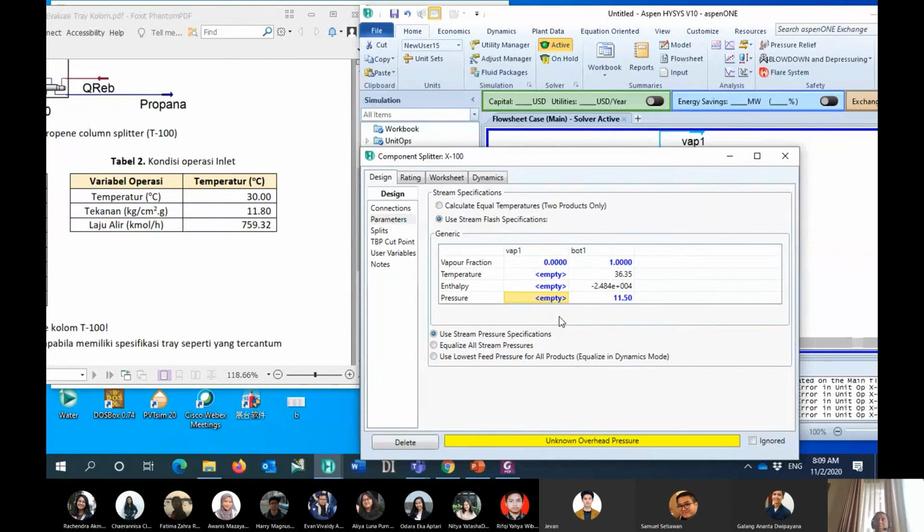So the top of the column should have the lowest pressure. So in here, probably we can set, when the total pressure drop is around 1 bar, the pressure at the top of the column at around 10.5, for example.